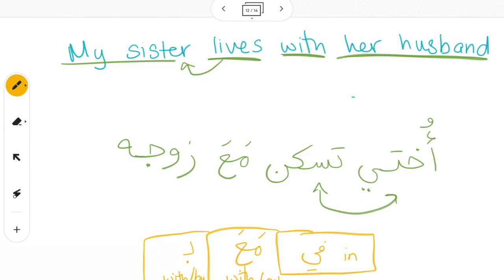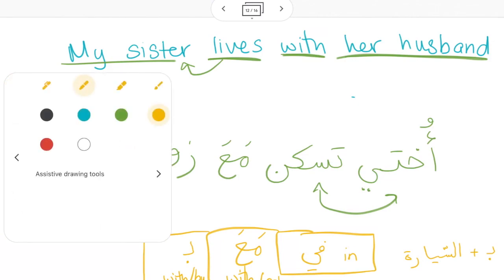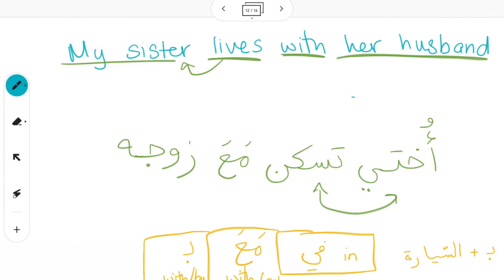So for instance, you could say bisayyara. And the thing that's special about this letter ba is when you attach it to a word. If I want to say by car, bi and the word sayyara, because it's only one letter, we simply attach it right there. It attaches to that alif. Like this. Bisayyara.